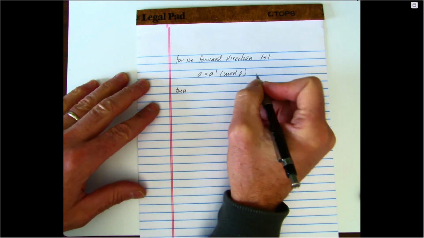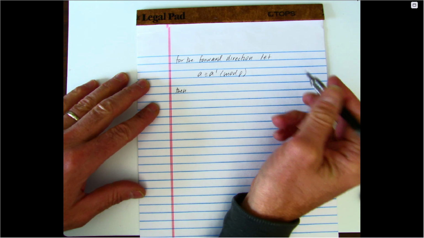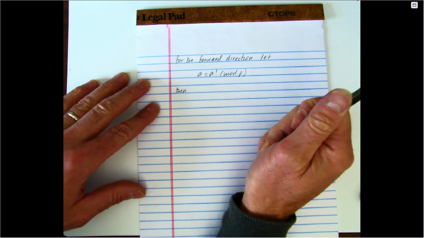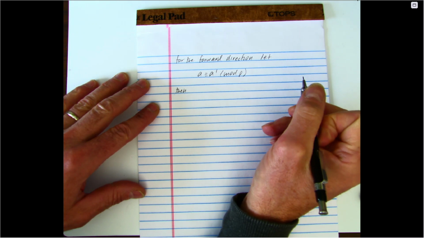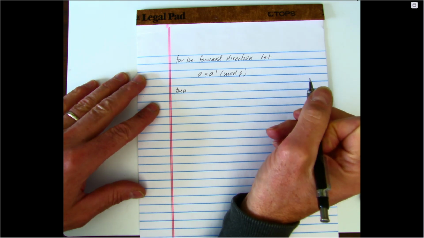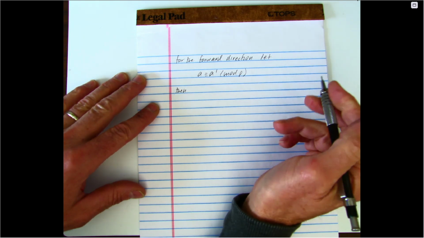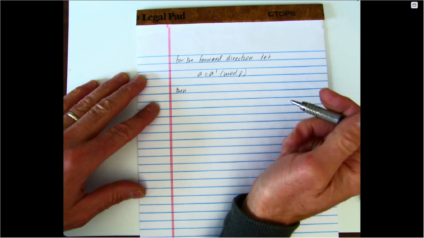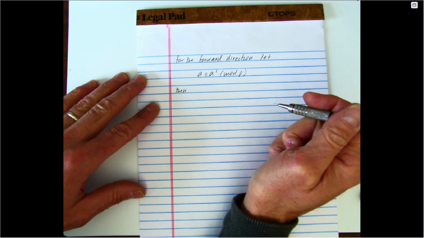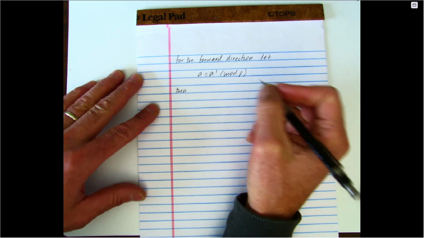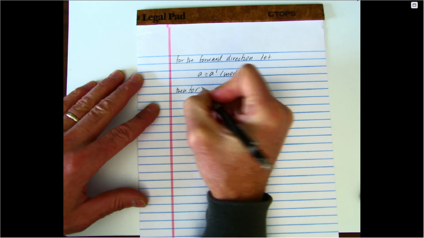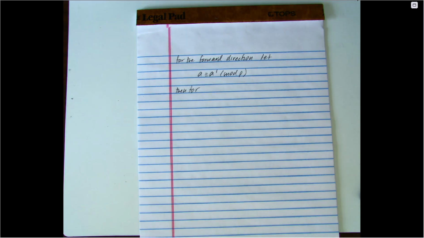Then I guess what we could do is multiply. If A is congruent to A prime, then, let me just stop here for a sec.